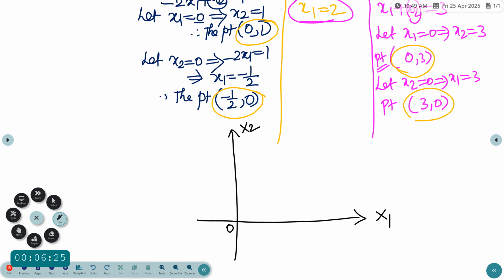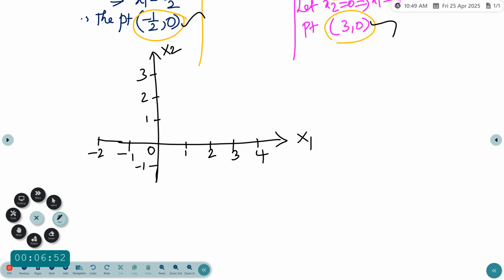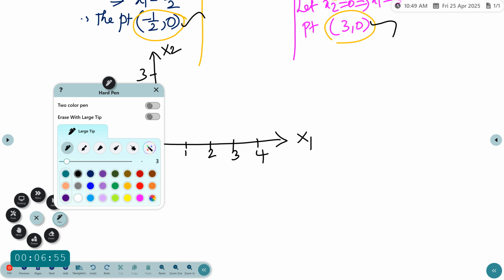Here all the values are very small, so I choose 1 point scale here. 1, 2, 3, 4, similarly minus 1 and then minus 2. Then on the y-axis 1, 2, 3, minus 1.